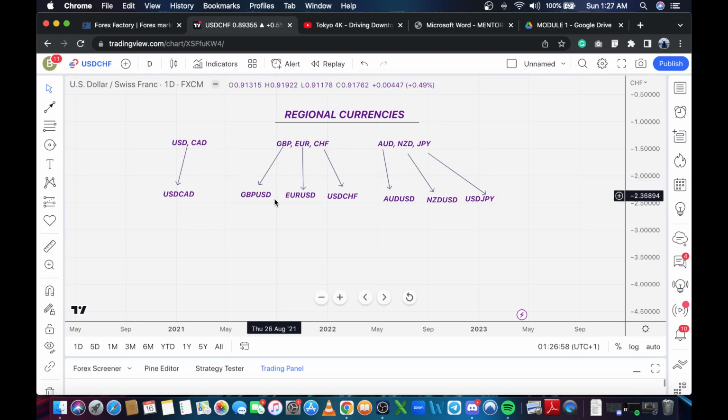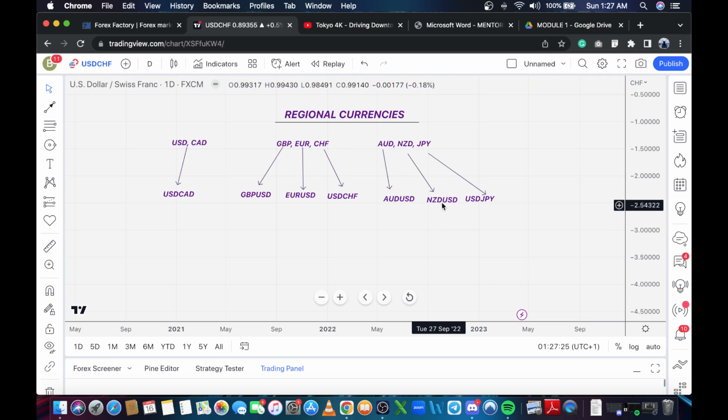Okay, so the base currency is pound, the code pair is dollar. For USD/CAD, the base currency is US dollar, and then the code pair is Canadian dollar. For USD/CHF, the base currency is US dollar, and then the code pair is Swiss franc. For Aussie US dollar, the base currency is Aussie, and then the code pair is US dollar. For New Zealand US dollar, the base currency is New Zealand, and then the code pair is US dollar.